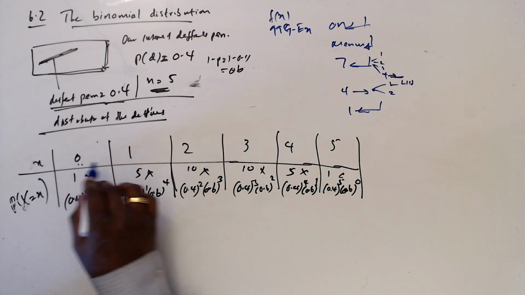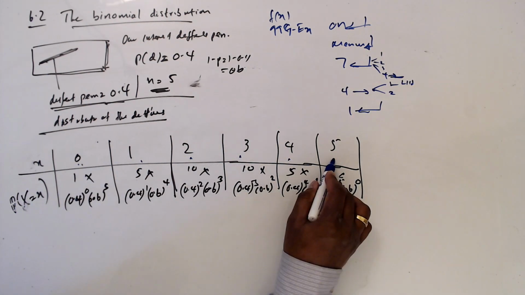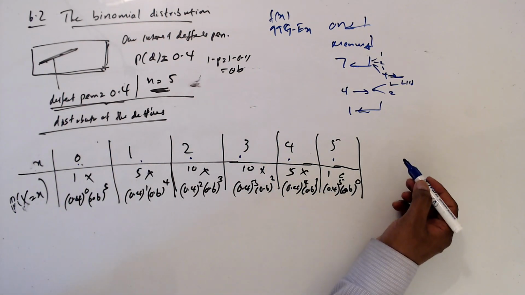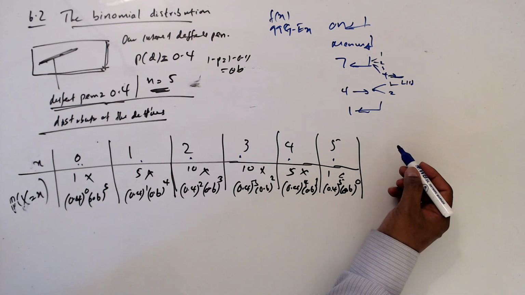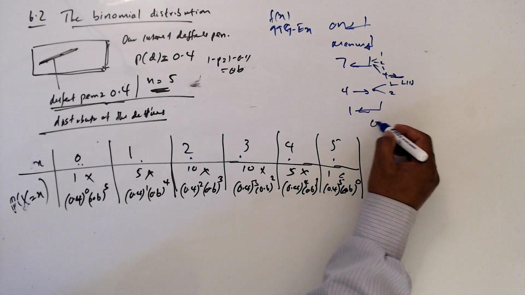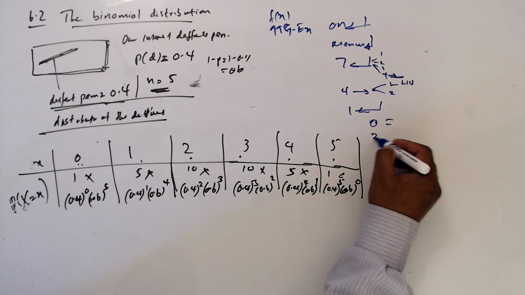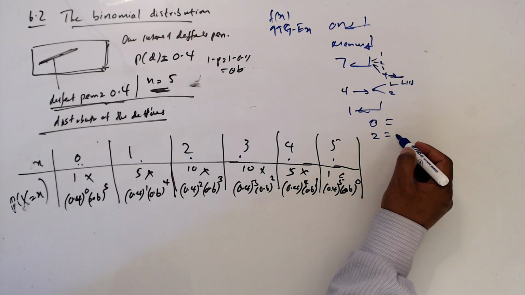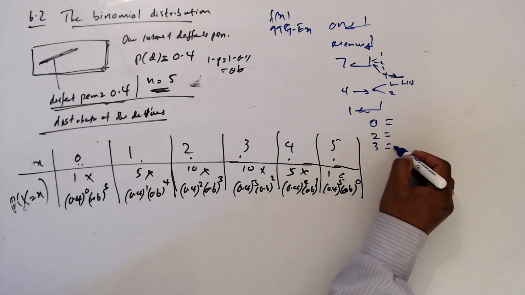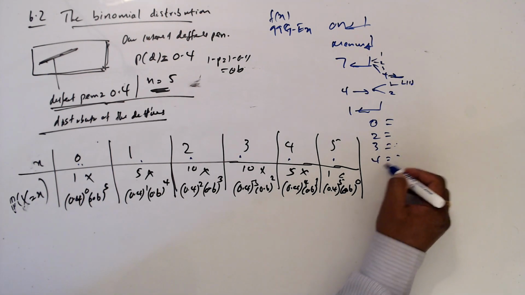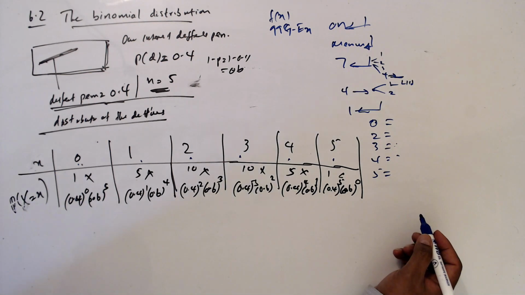So the x values are 0, 1, 2, 3, 4, 5. Now press 0, equal, 1, equal, 2 equal, 3 equal, 4 equal, 5 equal.